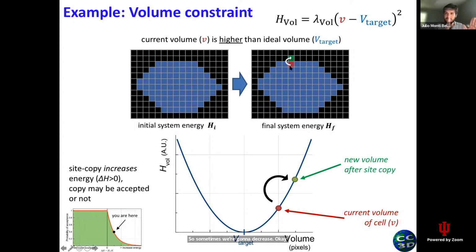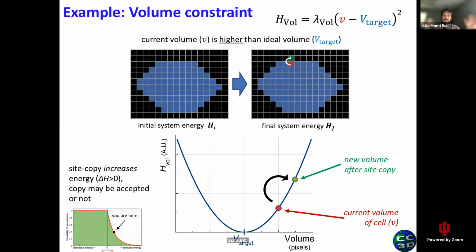So the cell is already being stretched, and you have a copy attempt that's going to make it even bigger. The more you stretch, the less likely the cell is to accept further changes that stretch it even further. It's going to resist more being stretched to a higher volume. So you're likely driving down here, and you're more likely to reject that site copy attempt.